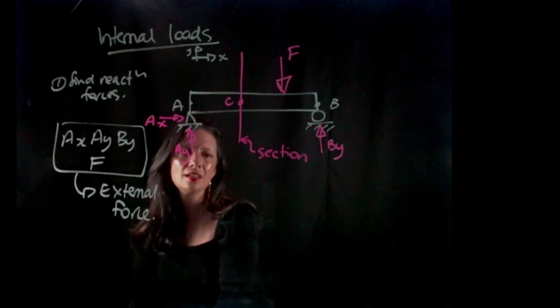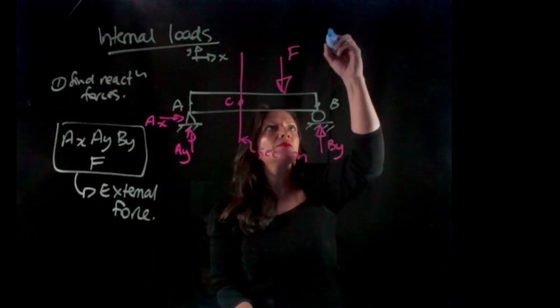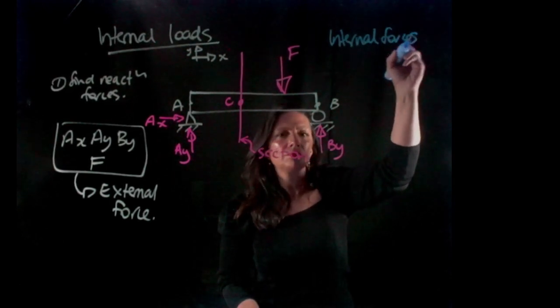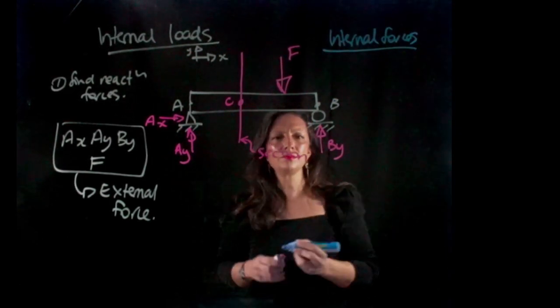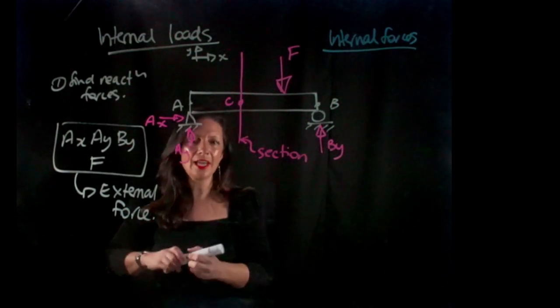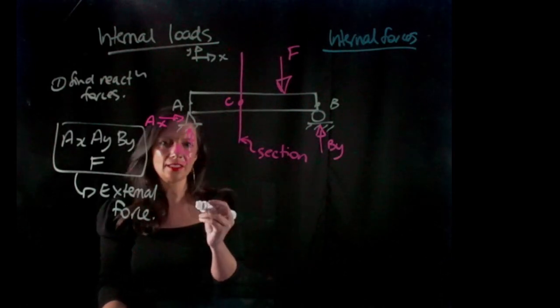So I'm going to redraw this free body diagram and actually show the joint at C, or the section at C.